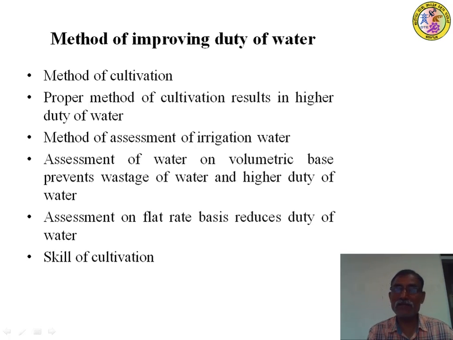Assessment on a flat rate basis reduces the duty. What we are practicing nowadays is flat rate. Flat rate means for a particular crop, this much water is required. We are not practicing the volumetric basis. That is the flat rate basis, which is an unscientific method that gives unnecessary wastage of water, which reduces the duty.